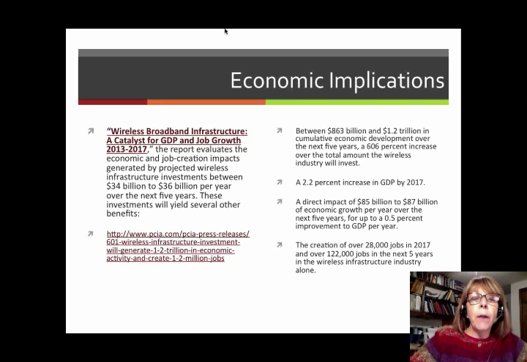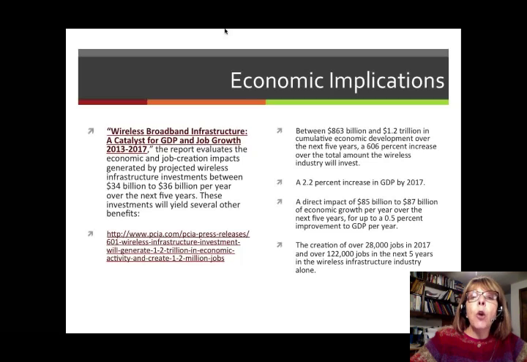If you look at the left, where it's another future prediction, it's the growth, job growth and GDP through 2017. But the report evaluates the economic and job creation impacts generated by projected wireless infrastructure investments.